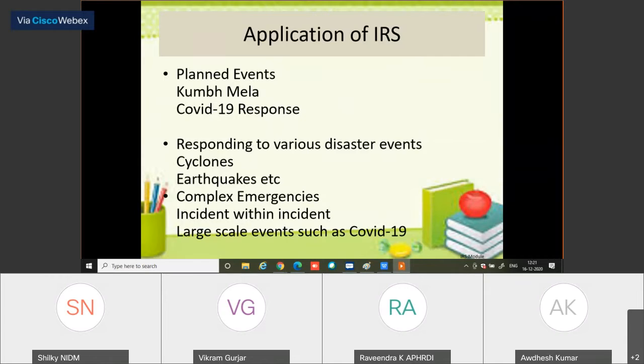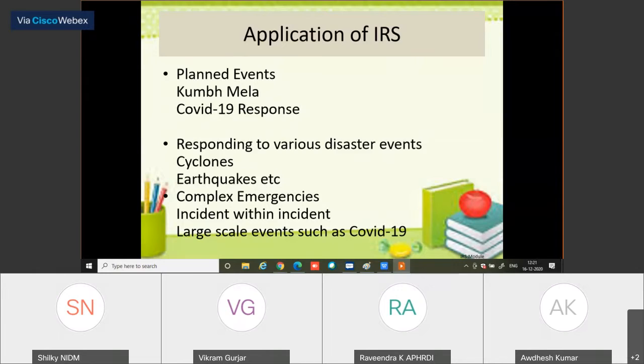Organization units can never be combined. Never combine any organizational units. What is permissible is that one person may supervise more than one unit, but each and every unit has to remain active.